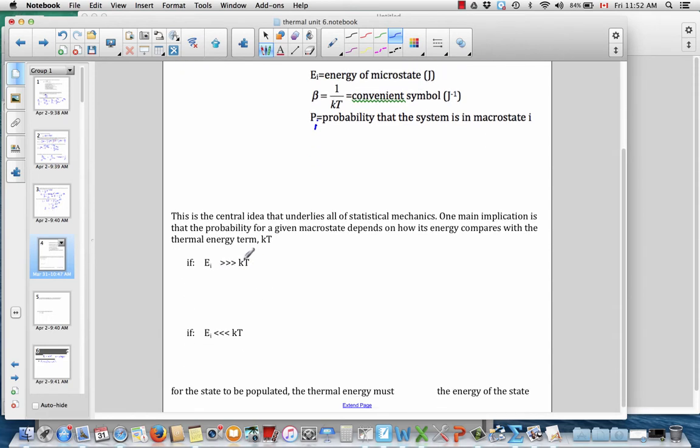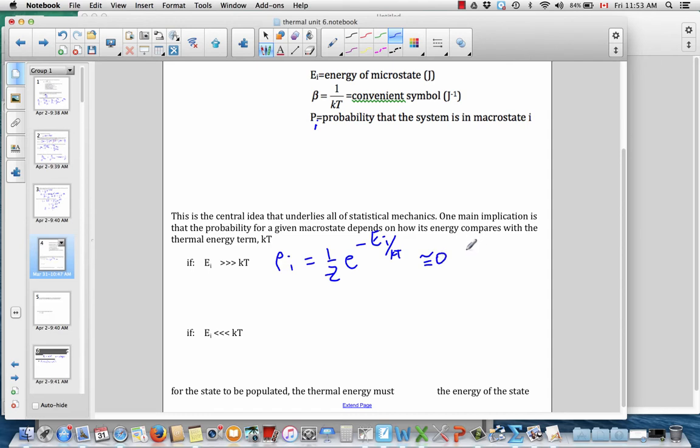Now notice that if our temperature is fairly low, such that the energy of the state is a lot bigger than kT, then the thermal energy is really low, this is a big number, and e to the minus big number is really close to 0.